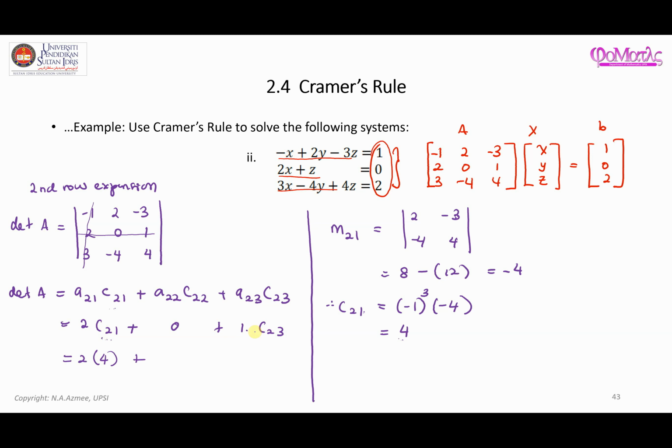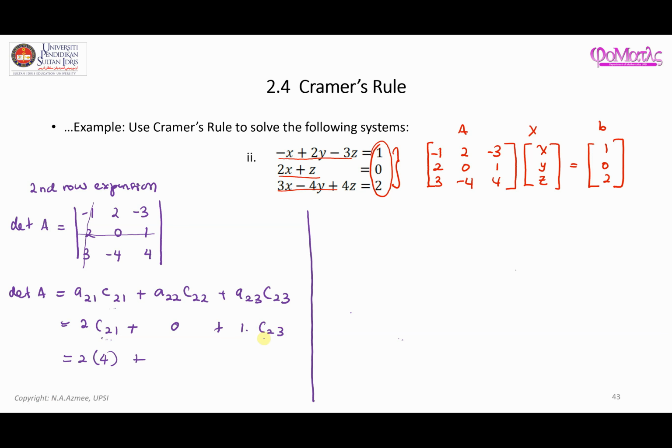Now our job is to find the value of cofactor C23. Well, I think I'm just going to use the space, so let me just erase this. Right, now what is C23?